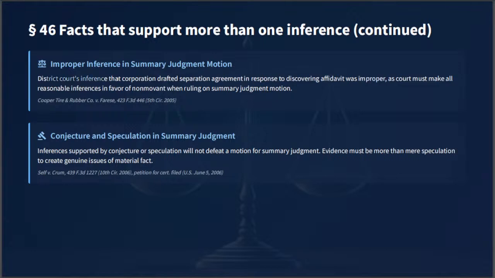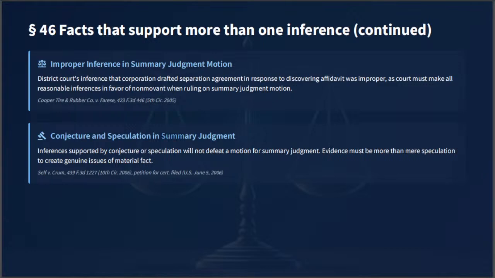So the district court's inference was improper. The inference that the corporation drafted an agreement in response, okay, because the court must make all reasonable inferences in favor of the non-movant. Oh, okay, good. That's Cooper Tire and Rubber versus Farsi, 5th Circuit, 2005. Excellent. So that makes perfect sense there from what we've read before.